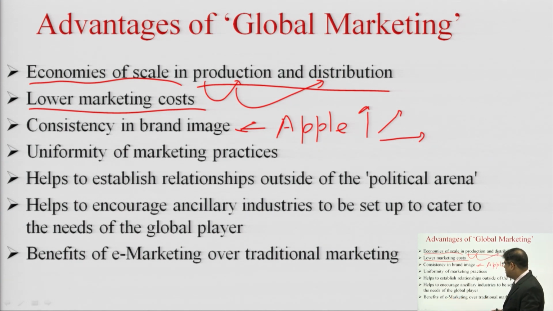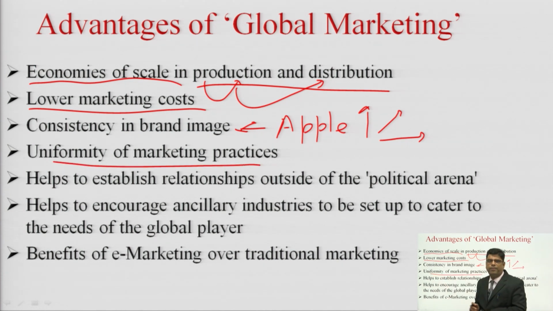So, consistency in brand image is one of the advantages of global marketing. Then, uniformity of marketing practices. A lot of marketing practices become uniform when global marketing is done, and there is a lot of standardization that the company achieves in terms of products, practices and processes. This standardization helps the company in the longer run, and this is one of the advantages of global marketing.